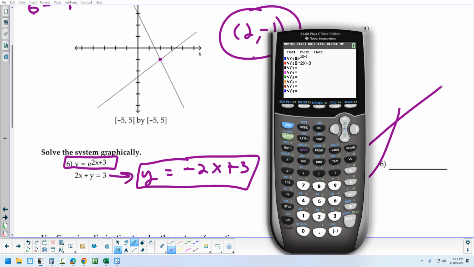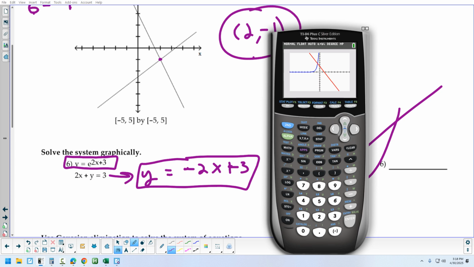Let's see. It will hit it twice, it's just a matter of how far out. Let's just try zoom 6. I think we're going to be able to see maybe both spots. It's still drawing.